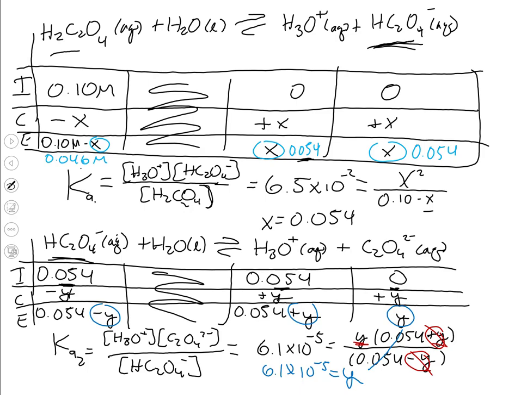Now, our assumption was that y was so small that adding or subtracting it doesn't make much of a difference. And sure enough, if you plug into your calculator 0.054 minus that 6.1 times 10 to the negative fifth, you'll get 0.053939, which once you round to the sig figs that we have, is still 0.054.